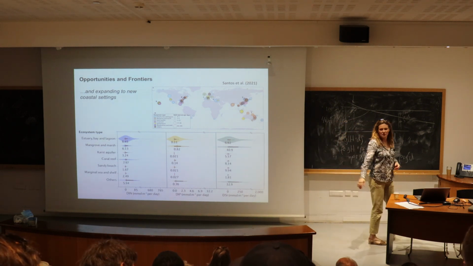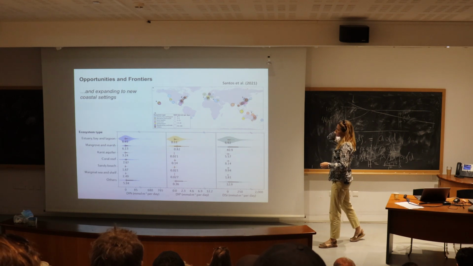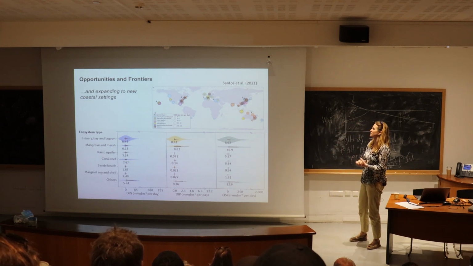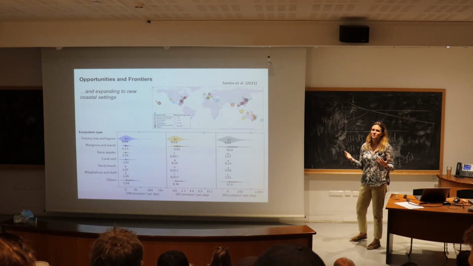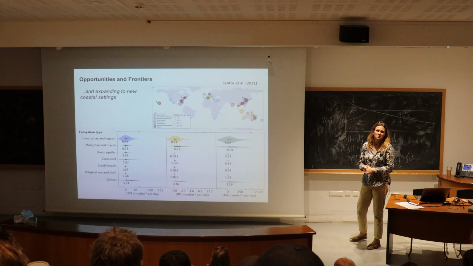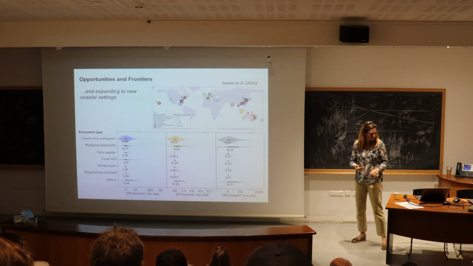And so what this study is showing is that most of the work that we've done on coastal surface water groundwater interactions and submarine groundwater discharge has happened in typical estuary, bay, lagoon type settings with sandy sediments. So there's a lot more work to be done here.